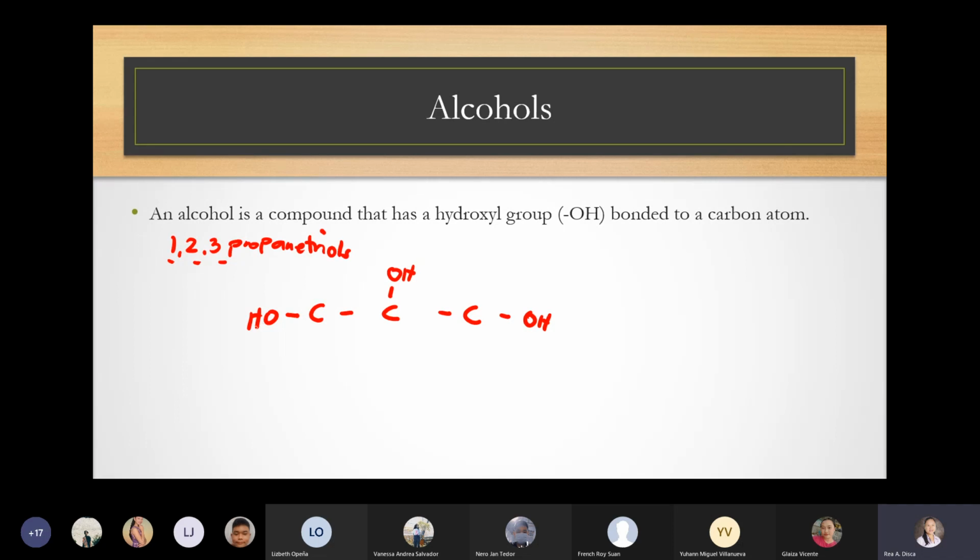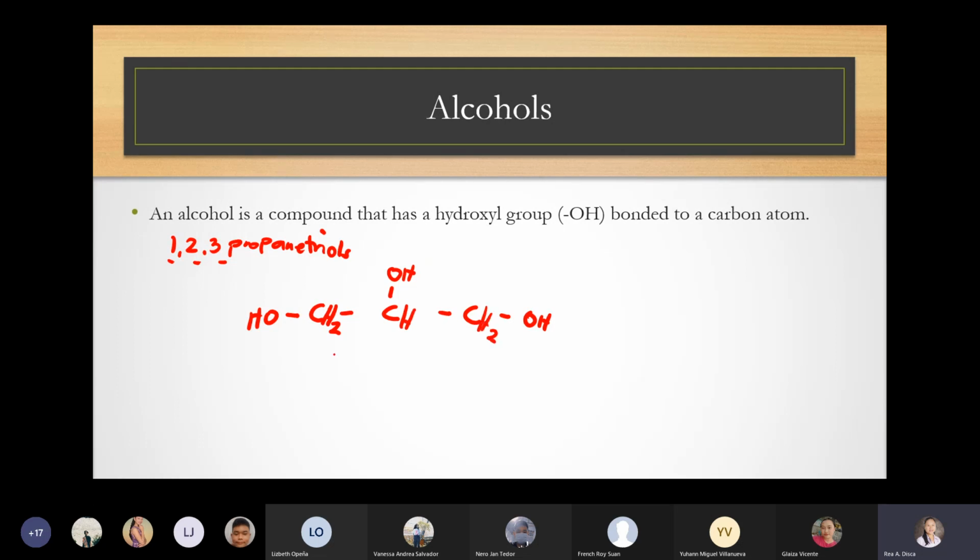So if we have 1 here, how many hydrogen will bond in this carbon? So meron na lang tayong 2. Okay, then ito, kasi meron tayong 1, 2, 3, isa na lang. Then dito, 1, 2, 2.